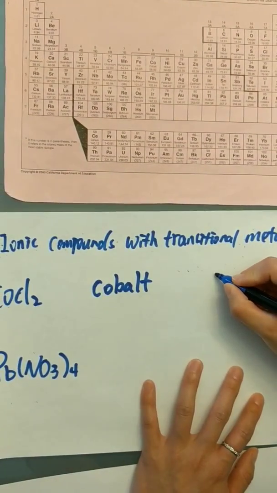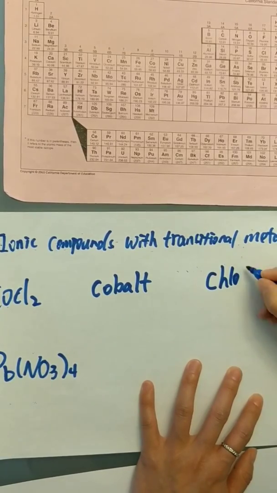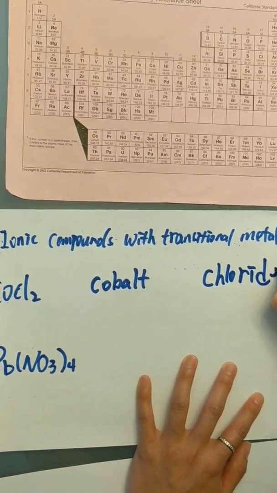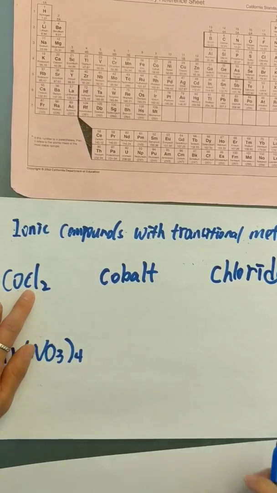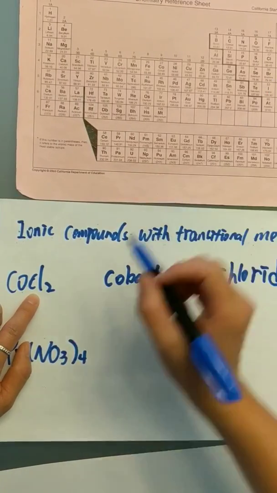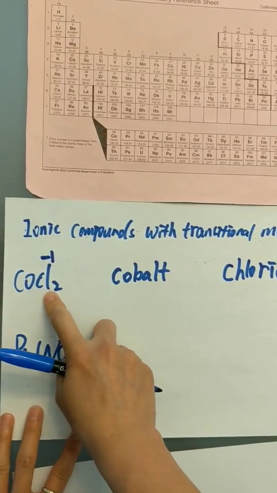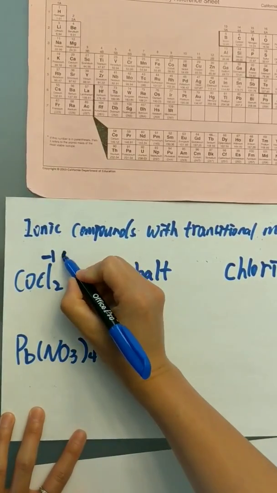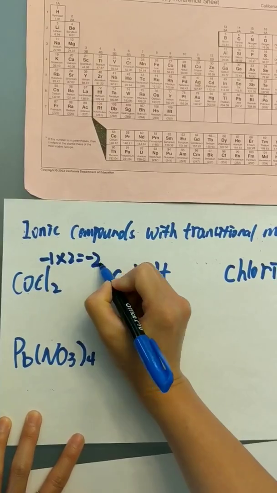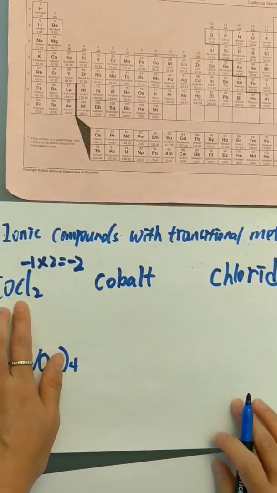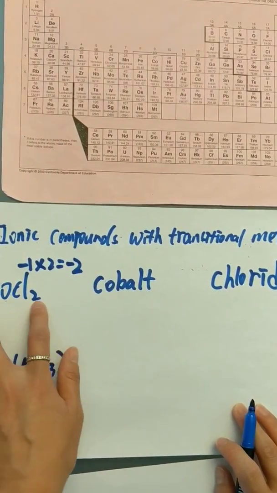So that means chloride. In here, we know Cl, chlorine, is negative 1 charge. How many chlorine here? We have 2. So we should make these ionic compounds in balance.